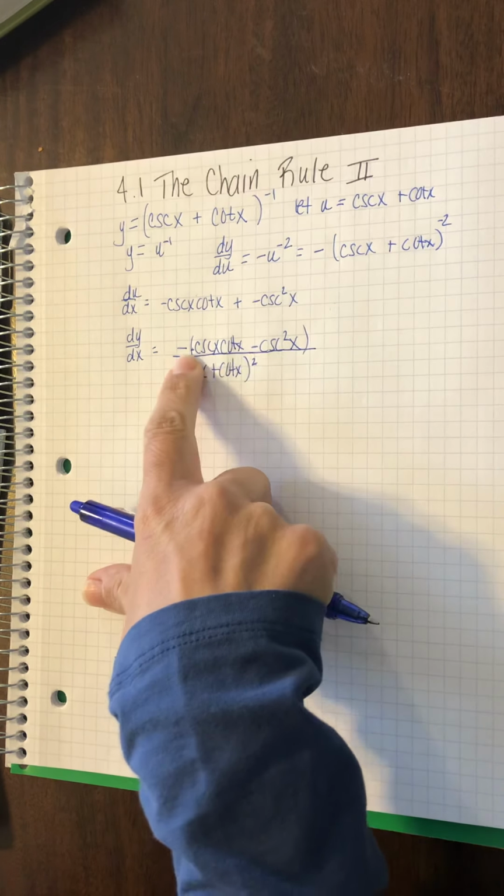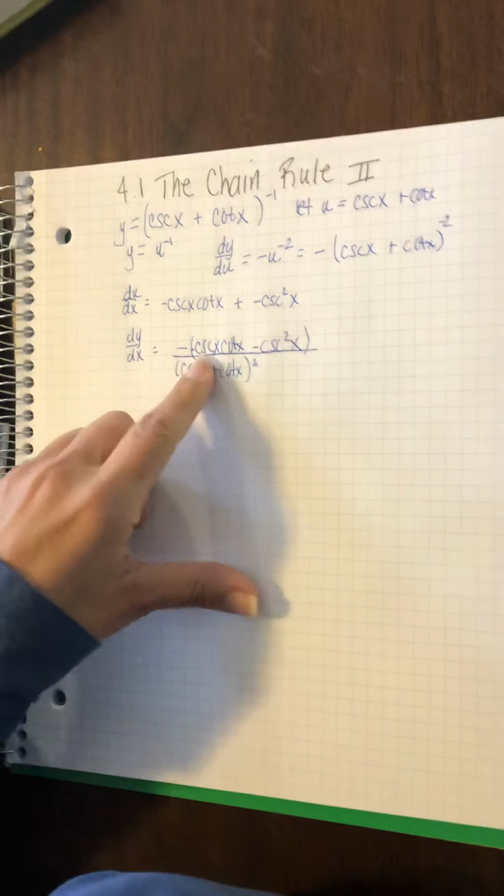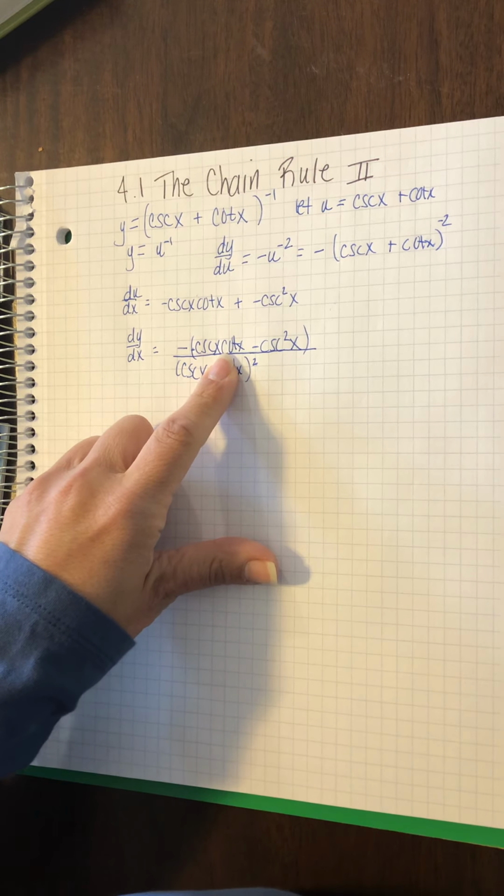All right, so all these negatives, when you distribute the -1, go away. So I end up with cosecant x cotangent x plus cosecant squared x.